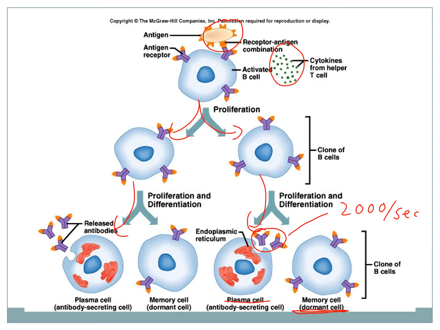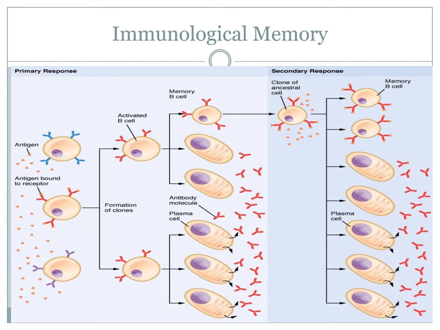Now, people often talk about immunology, and they often talk about the difference between a primary response and a secondary response. This picture here will be pretty similar. That entire process has just gone through, and it ended up in the production of plasma cells producing antibodies. But then we also have a memory cell.